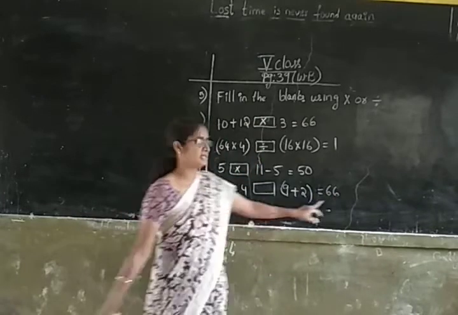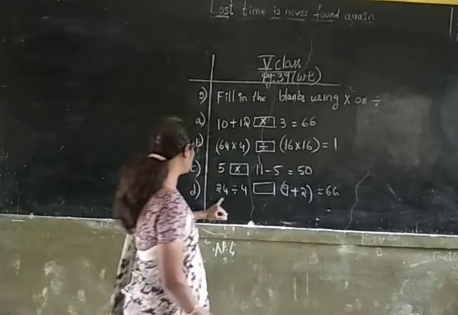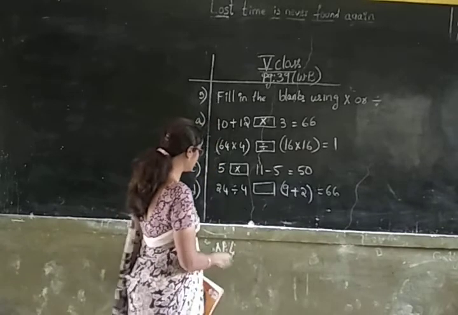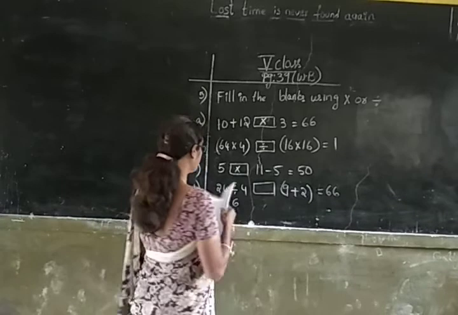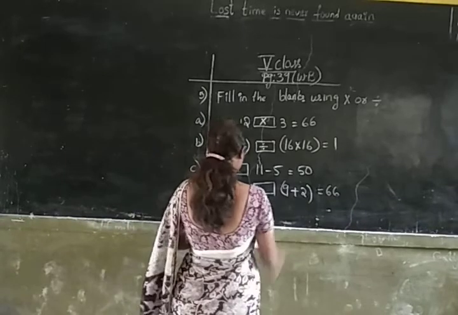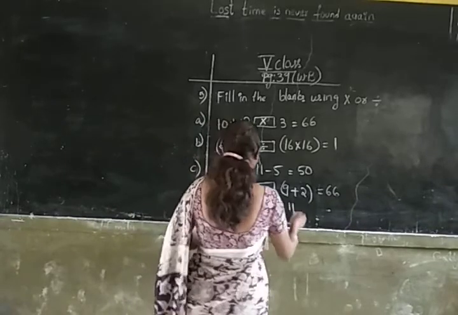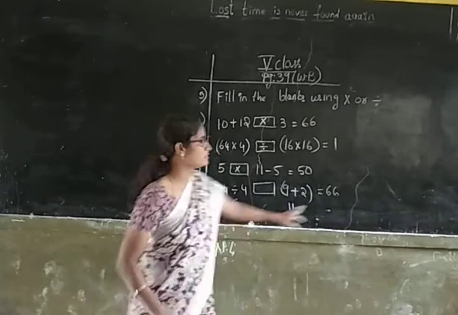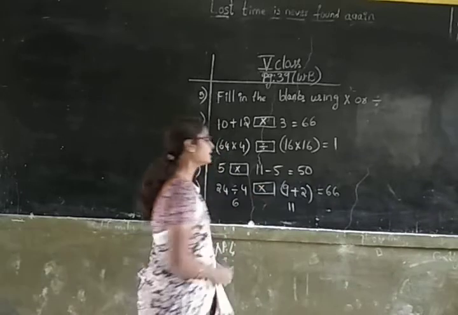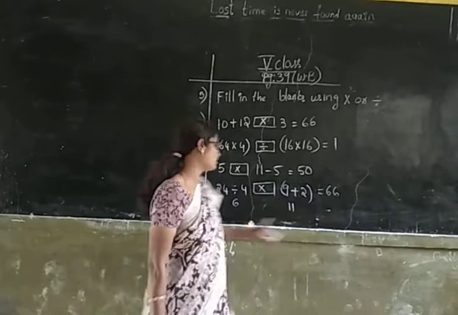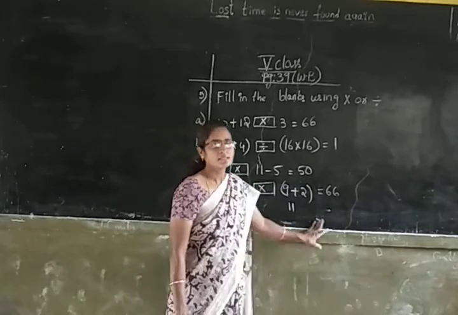Here we have to get the result as 66. 24 divided by 4 is how much? 24 divided by 4 is 6. Similarly, 9 plus 2 is how much? 9 plus 2 is 11. So when will you get the result as 66? If you place the symbol into, then we will get the result as 66 because 6 11s are 66.